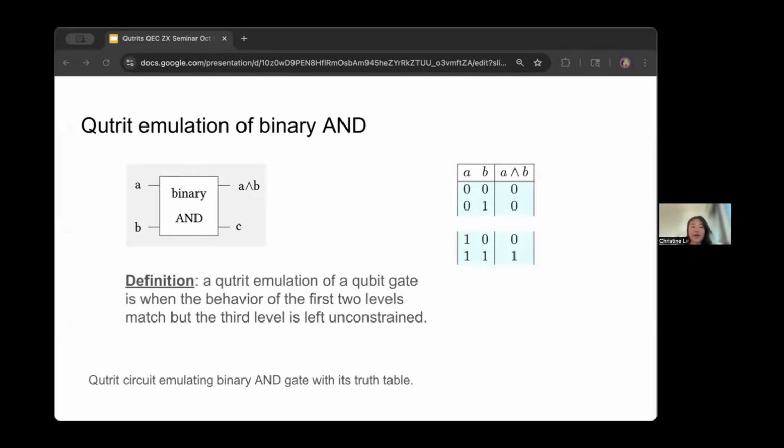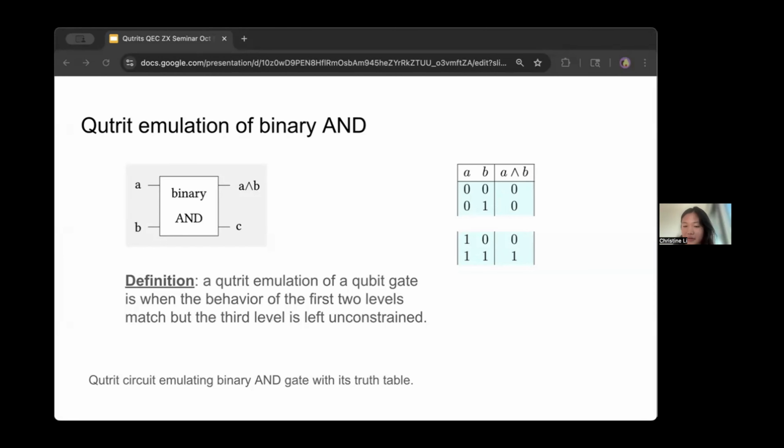So this work began by looking for a way to implement the AND gate using qutrits. And we can do this using what we call emulation, which is when you focus on the behavior of the first 2 levels to match that of a qubit's computation.